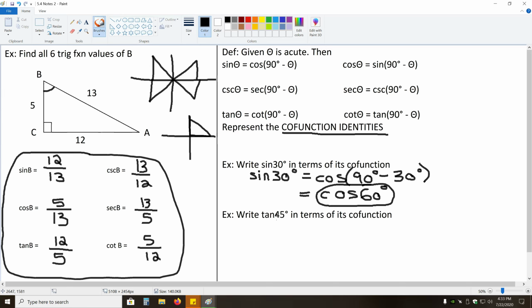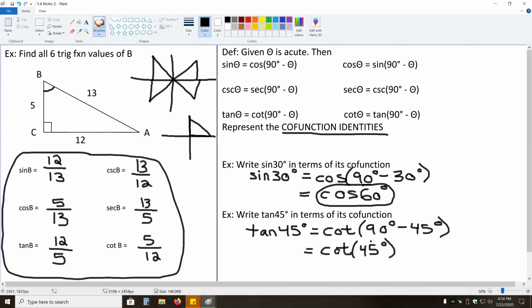Okay, so hopefully you gave that a try. Remember, you can always pause the video. So we have tangent of 45 degrees. Its cofunction is cotangent. So we're going to rewrite this as cotangent of 90 degrees minus the angle we started with, which was 45 degrees, which gives us cotangent of 45 degrees.